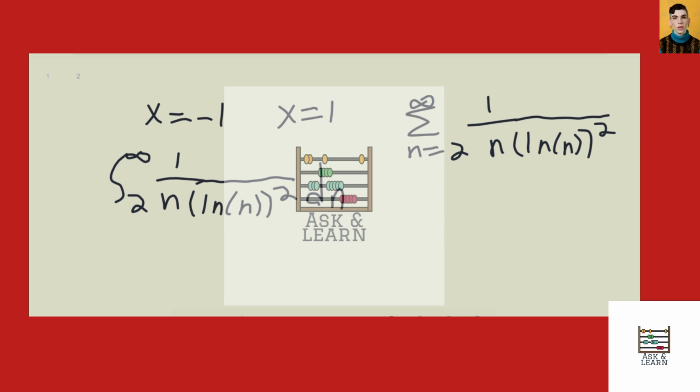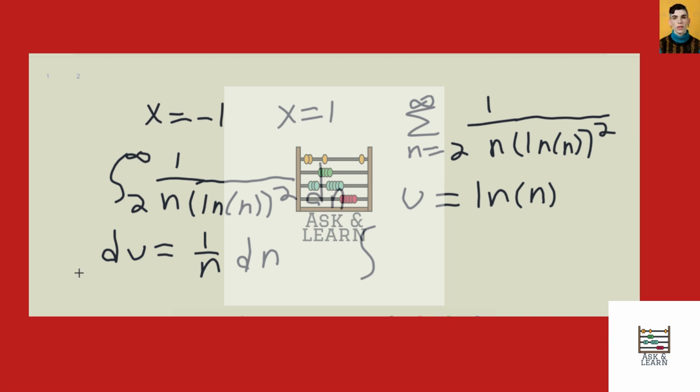Okay, so we'll do a change of variables here. So we'll do u equals natural log of n, which means that du is 1 over n dn. So whenever we see a 1 over n dn in this equation, we'll replace that by du.